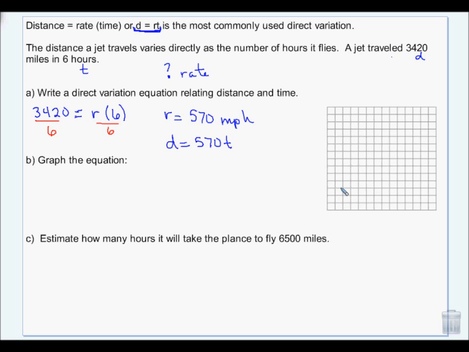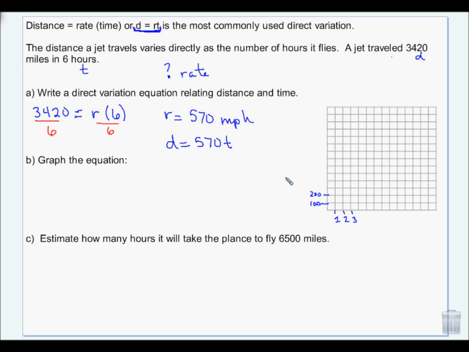And we want to make a graph of this. Now, obviously, I cannot make each one of these little squares 1 mile. That would be ridiculous. I would need a giant graph. But I can make them each, like, say, 100. So this would be 200, 300, 400, 500, etc. And then I can make these an hour, 2 hours, 3 hours.